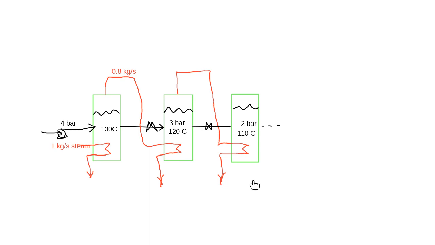So using many stages essentially shifts the energy input from using lots of steam to using less steam, but with the addition of a pump. Well, you'll always have the pump.